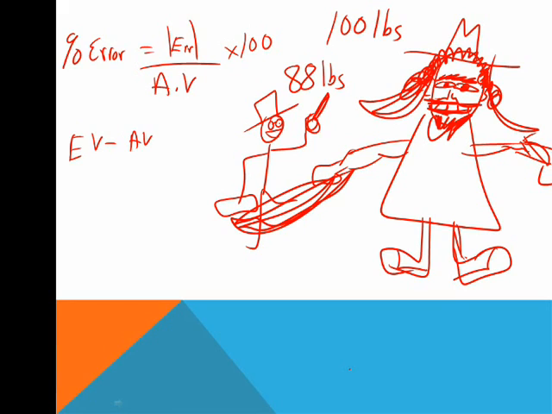So in this case, it is 100. That's what she experimented on. She lifted him up and said, yeah, I think you're 100 pounds. His accepted value is 88. That's what he really is. So that comes out to be 12 pounds. So the error is 12, absolute value, all over the accepted value of 88.